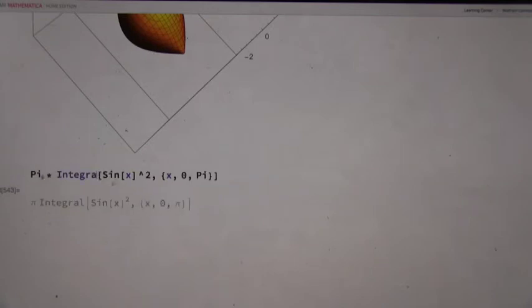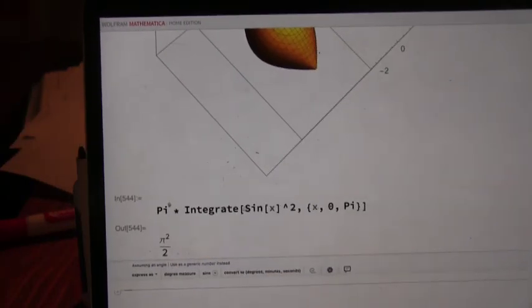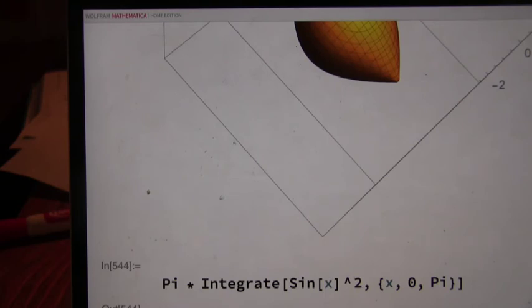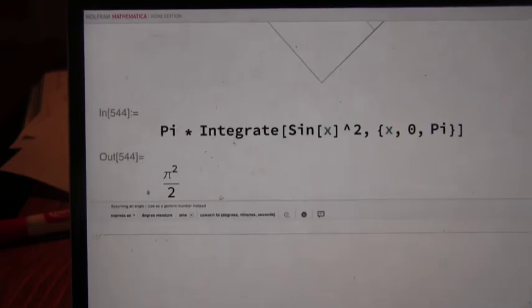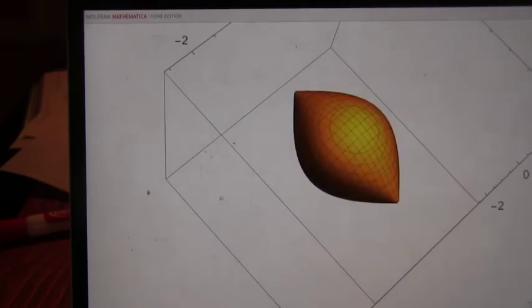Sorry, Integrate. So there we go. The volume is what? Pi squared over 2. That's pretty interesting. The volume of our shape here is pi squared over 2.